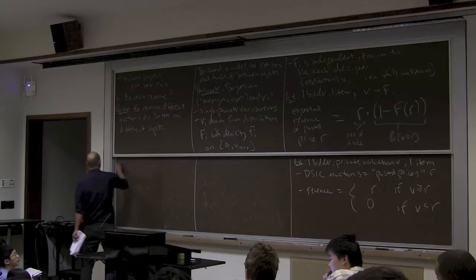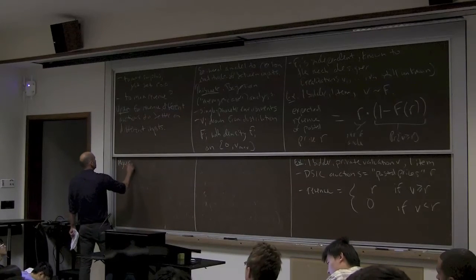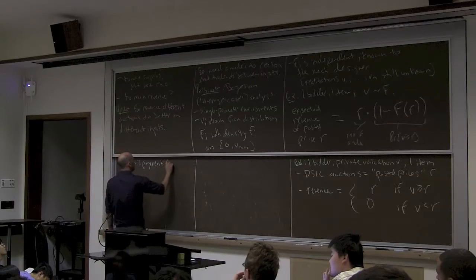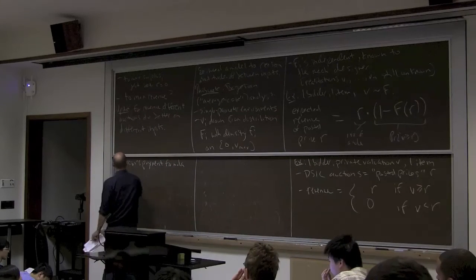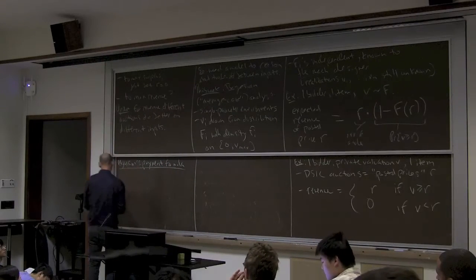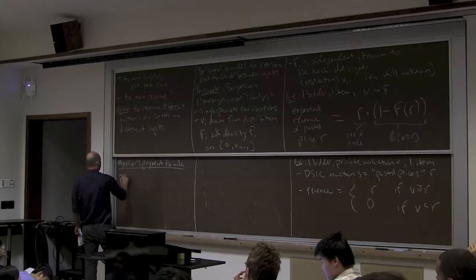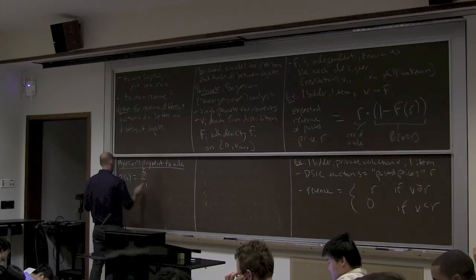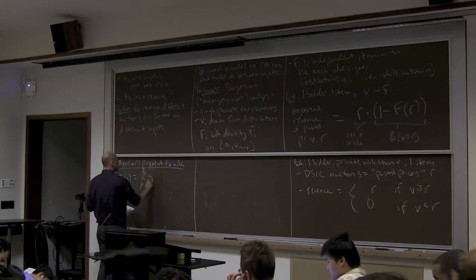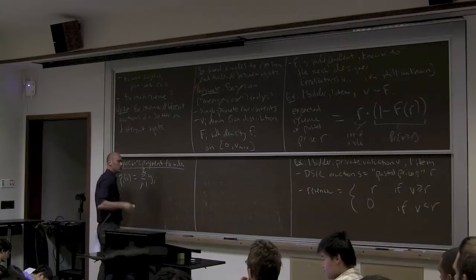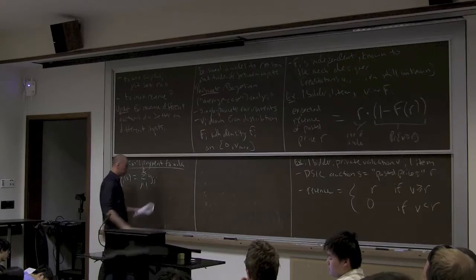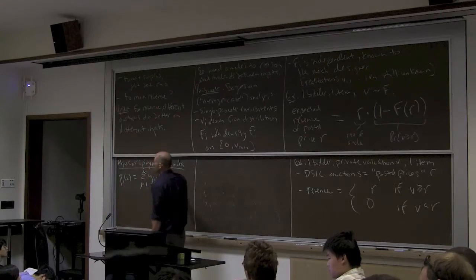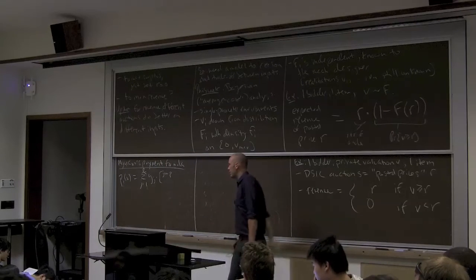So let me just remind you of the formula. Last week I only stated it for piecewise constant allocation rules. So I stated it this way. If the allocation rule is piecewise constant, we just looked at the various points where it jumped, its breakpoints. And it was the sum over the breakpoints of the jump in the allocation rule times the position at which that jump happened.